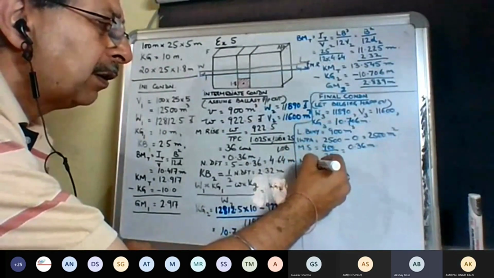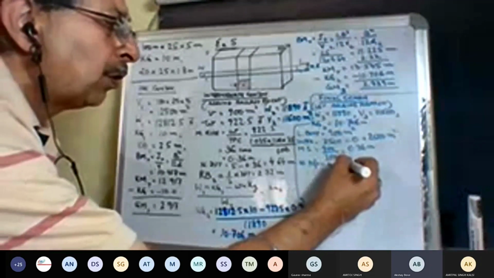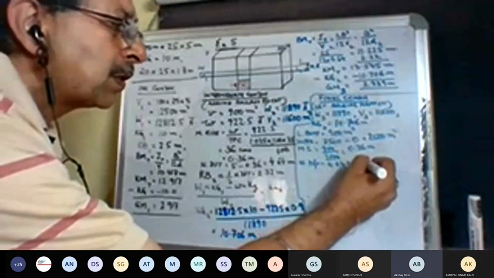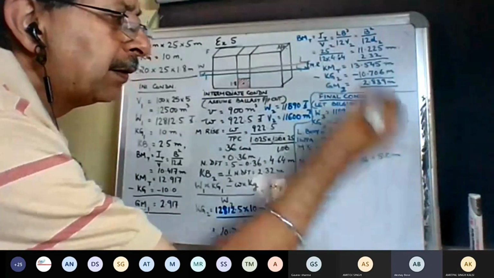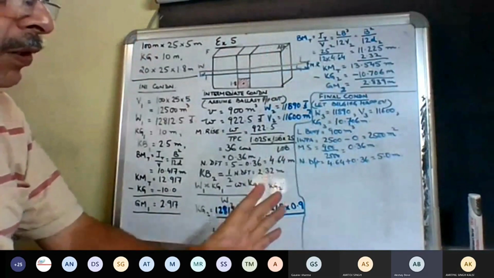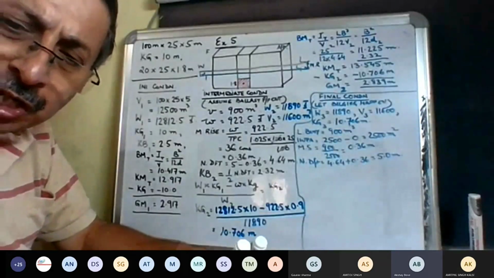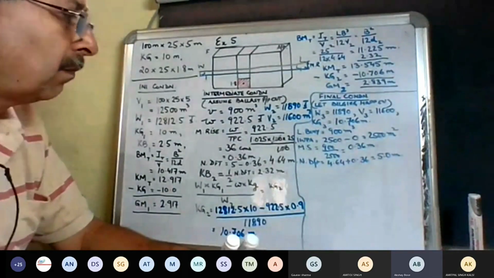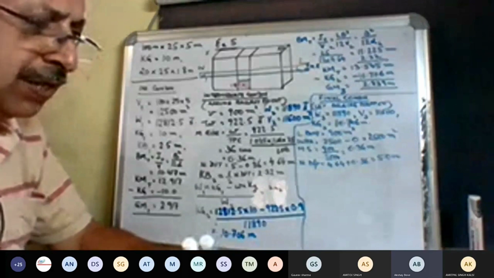So the new draft is 4.64 plus 0.36. I am back to 5 meters, where I started. And now you can write down: hence draft remains unchanged.